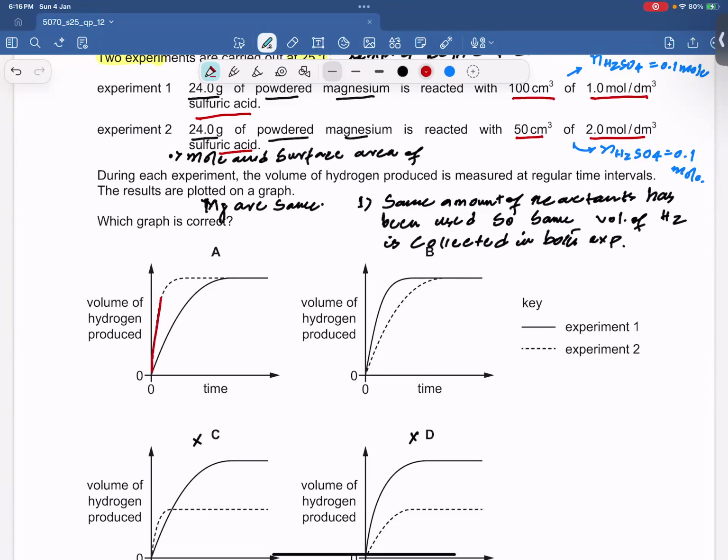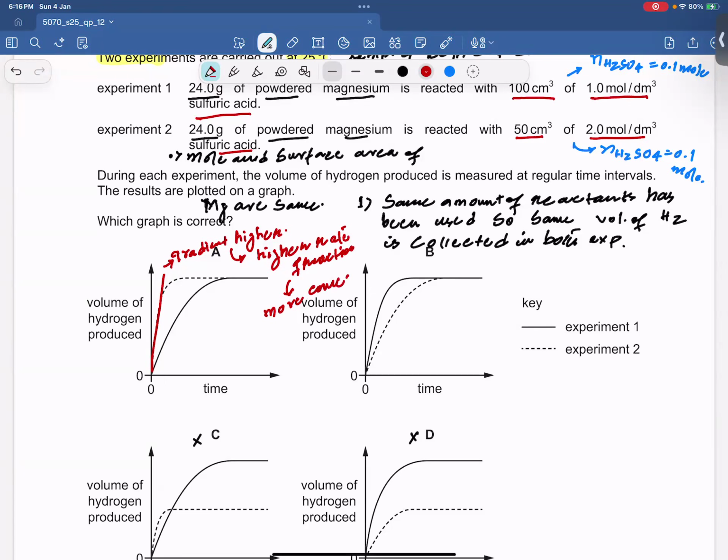In C, experiment 2 has a higher gradient, and gradient is basically the rate of reaction. So higher gradient means higher rate of reaction, and higher rate of reaction will lead to more concentration.